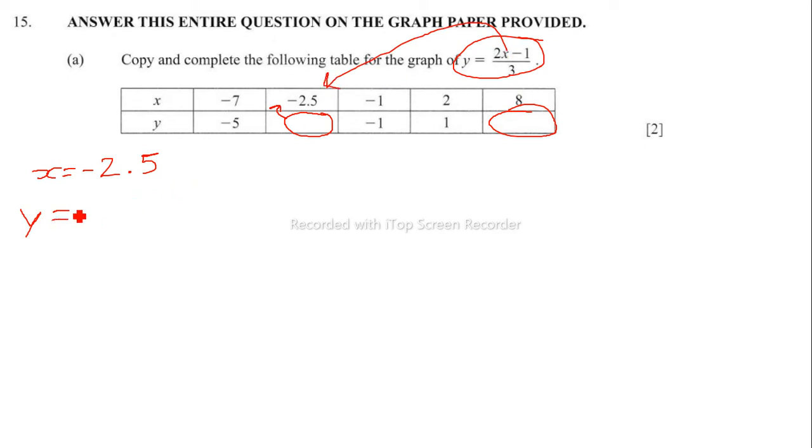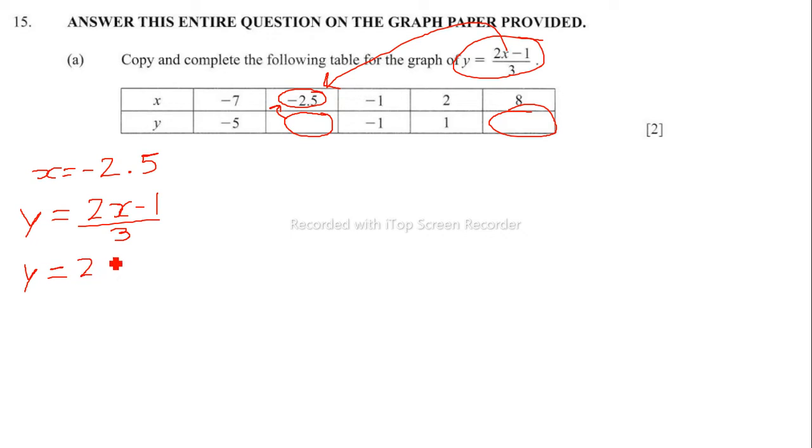So y is equal to 2x minus 1, divided by 3. Instead of 2x, we're gonna put what? Negative 2.5.